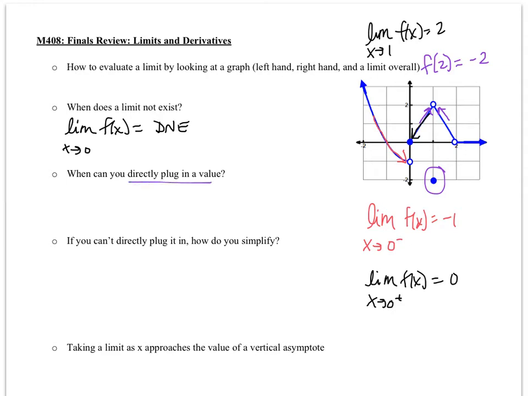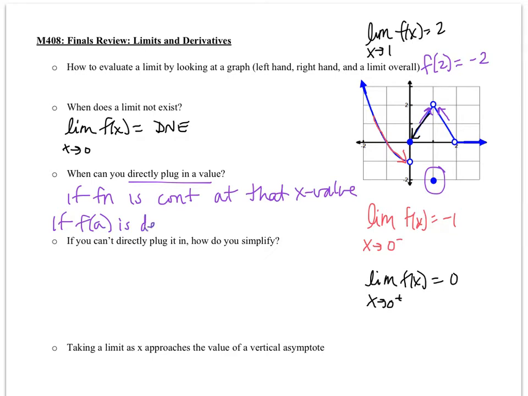Now, we can directly plug in a value if the function is continuous at that x value. There are many graphs that we've learned about where the function is defined everywhere. So if the function is defined, we can say that if f of a is defined and it's continuous at that point, then the limit as x approaches a of f of x is equal to f of a.